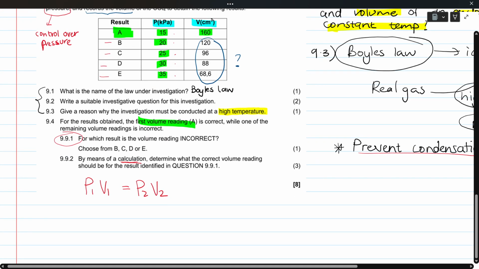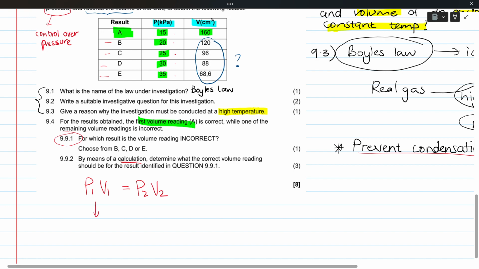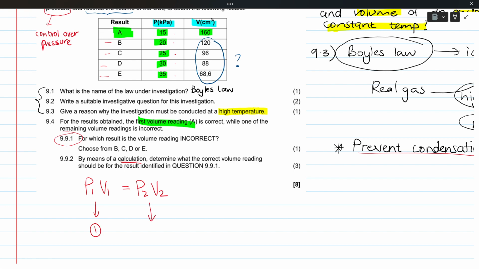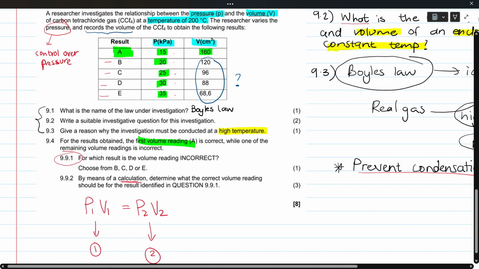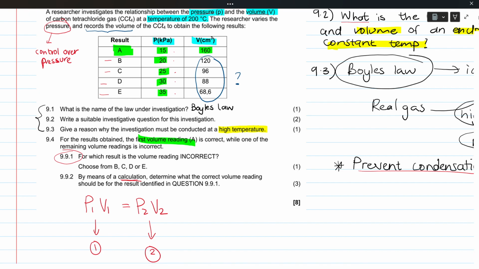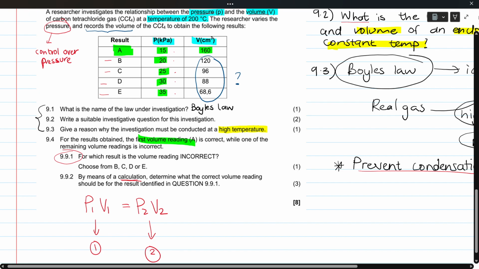And what this law tells me is I have to have at least two states. So I have to have readings for state 1 for pressure and volume, and I have to have readings for state 2 for pressure and volume, right? Let's go back to the table and see if we have that. Do I have a set of readings for state 1? Well, I know that for reading A, I've got a pressure value and I've got a volume value.